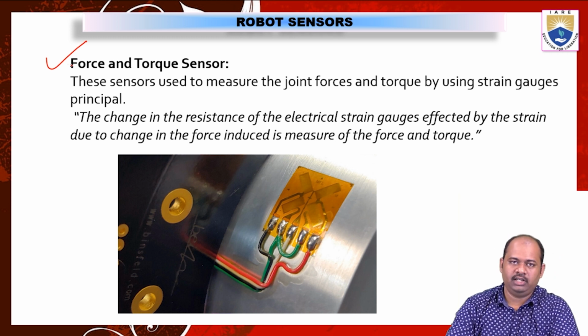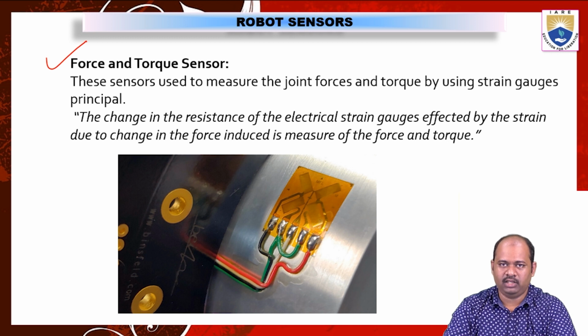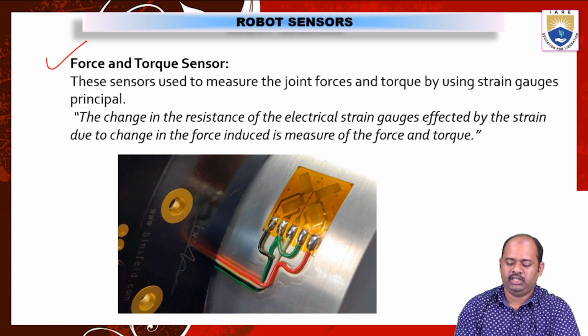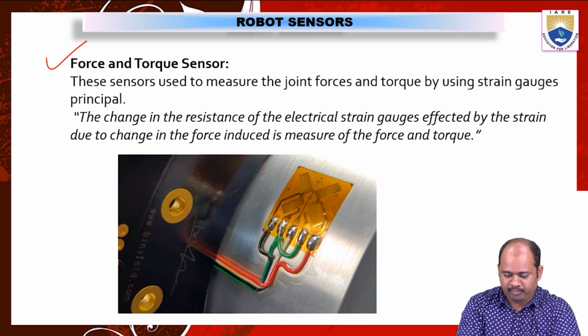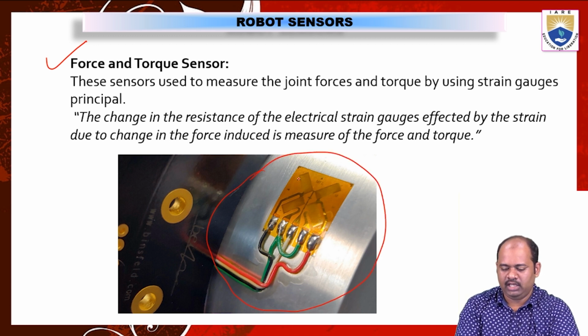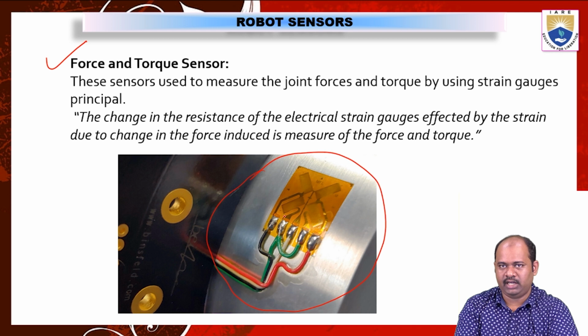So in order to calculate the force or the stress in a body, we use a device called a strain gauge. See here in this picture, we have a metal part. This is a mechanical element on which a yellow colored strip is attached and it is connected with wires.